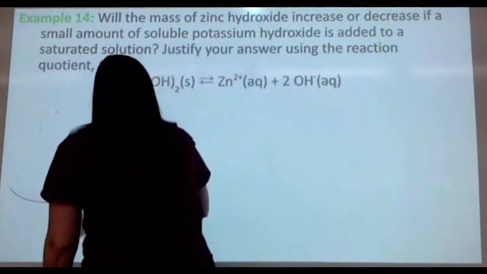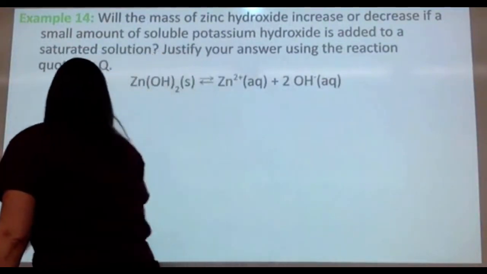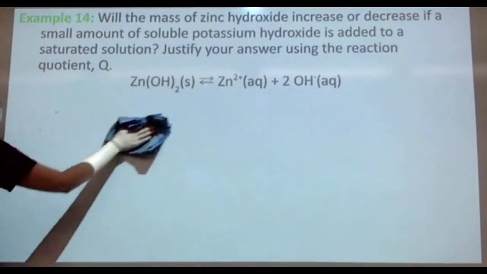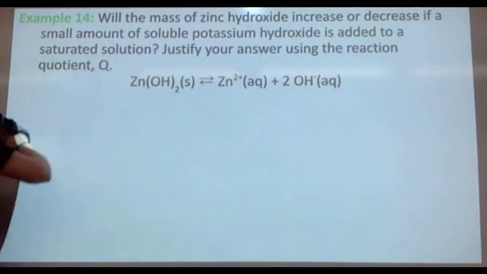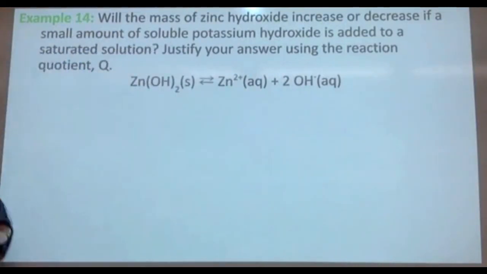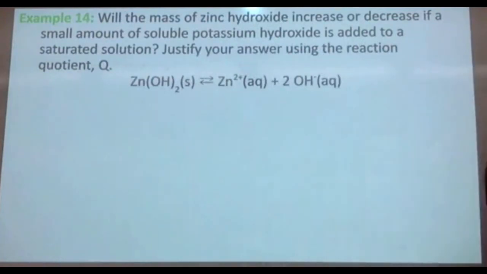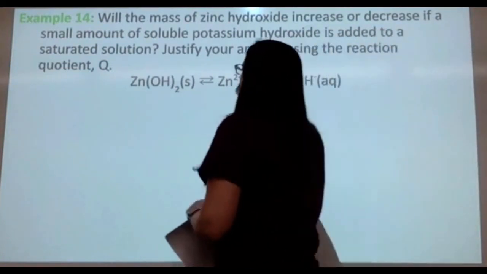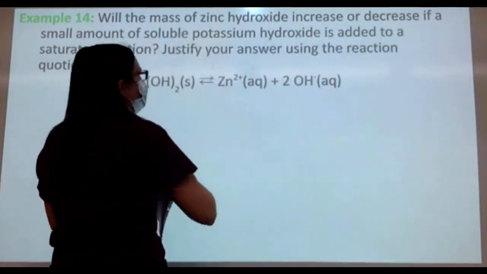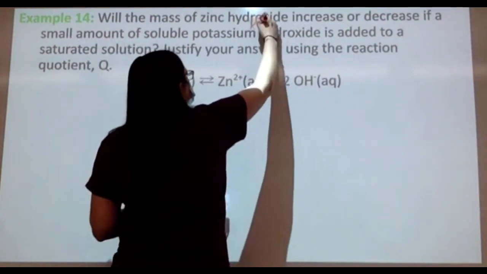So take a minute, read through this, see if you can start to think about how you would answer this. This doesn't require a calculation. They don't give you a K. So this is more of a conceptual question. When it says soluble potassium hydroxide, that's KOH.